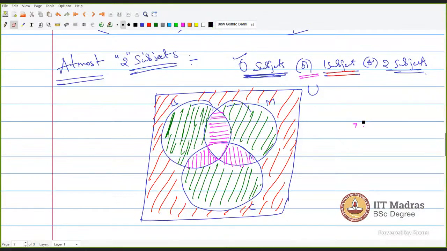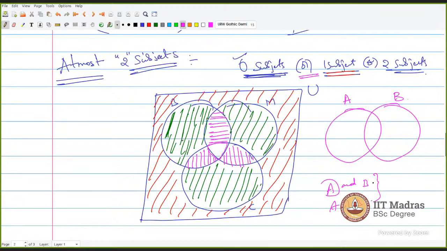Okay, let me talk in set theory terms. When I say there are 2 sets A, B, when I say A and B, or A intersection B, these all are saying that the element should be in A as well as in B. So this particular region represents intersection.